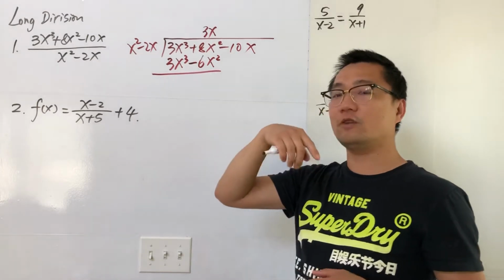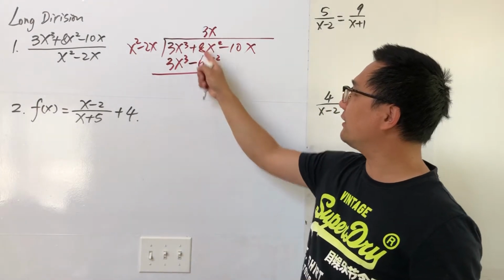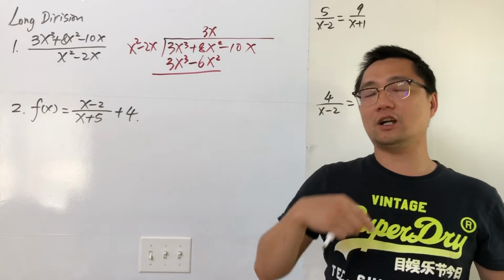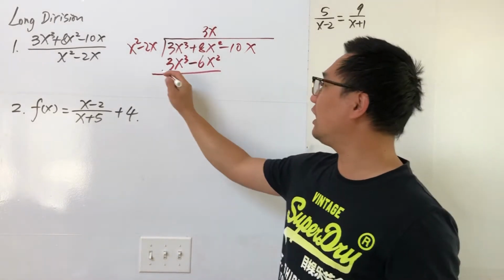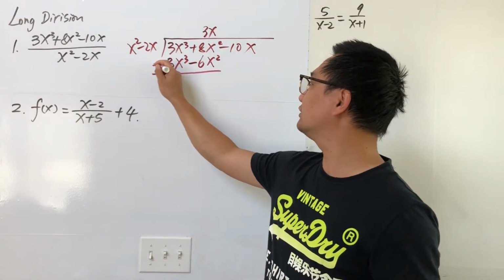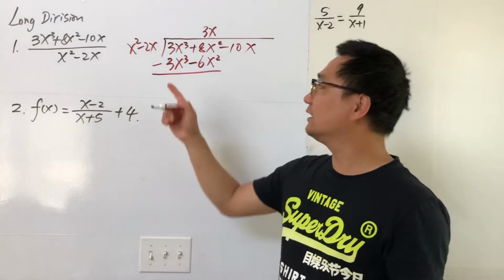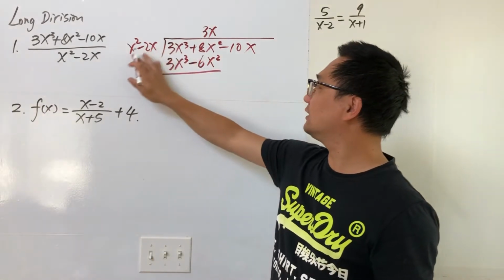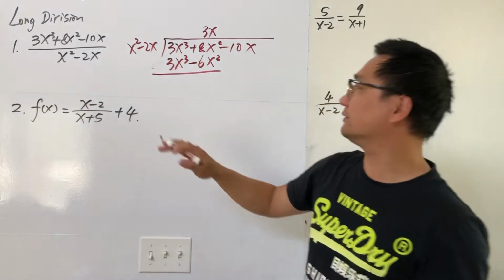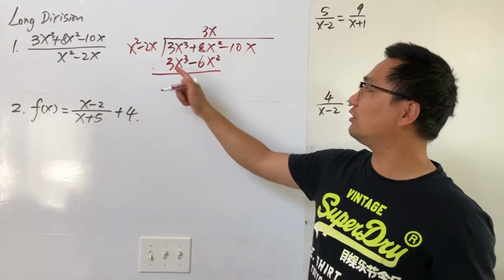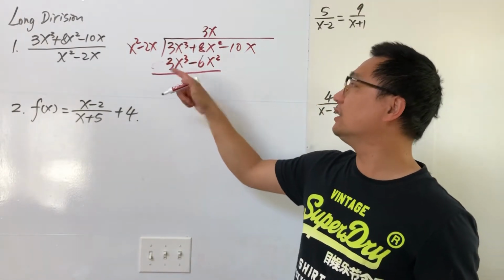Sometimes you always make mistakes about this. If you want to avoid a mistake, another easy way is, after you do this multiplication, you just change all the signs here.